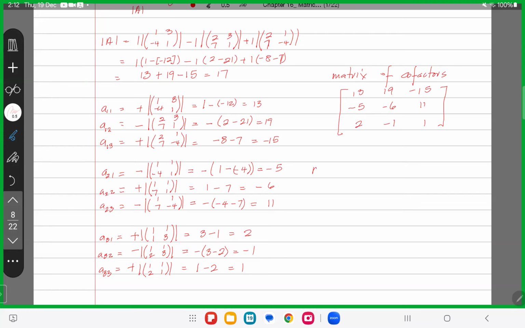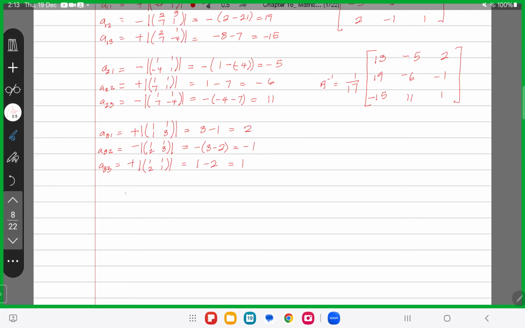A inverse is one over the determinant of A, which is 17, times adjoint A, and adjoint A is the transpose of the matrix of cofactors. Transpose means you're interchanging the rows and the columns. So 13, 19, minus 15, minus 5, minus 6, 11, 2, minus 1, 1.